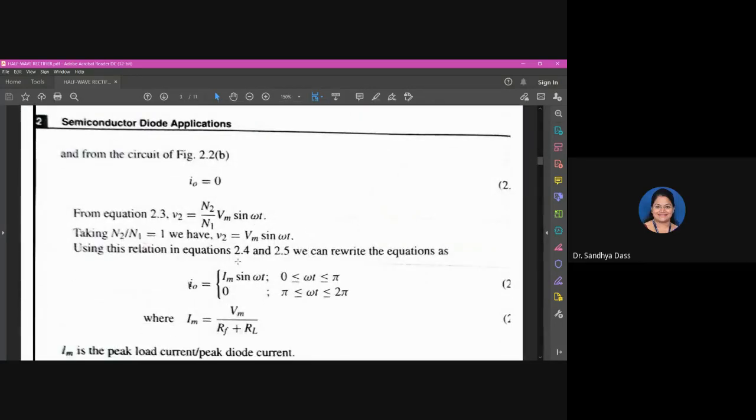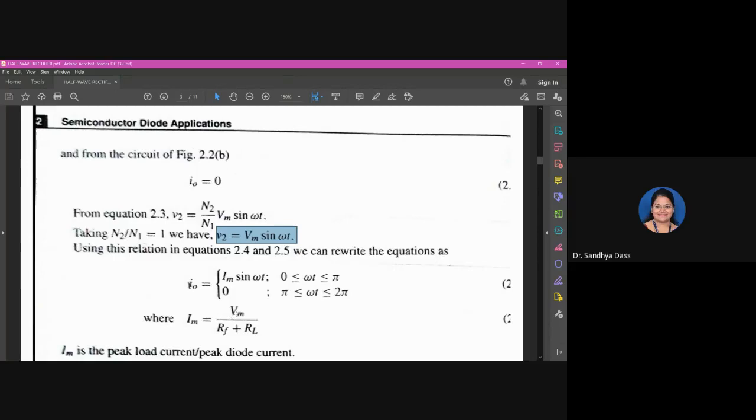Now, from the relation we have, V2 is equal to N2 by N1 into Vm sine omega t. Taking the ratio N2 by N1 to be equal to 1, we have small v2 is equal to Vm sine omega t.